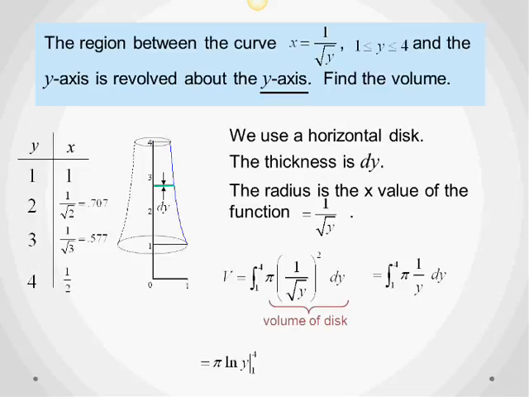I don't have to worry about the absolute values there because my 1 and 4 are both positive anyway. And so the natural log of 1 is 0. Pi times the natural log of 4 is your answer, or 2 pi natural log of 2 when you pull that exponent from the back to the front.